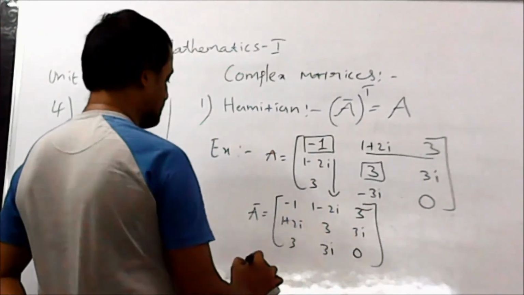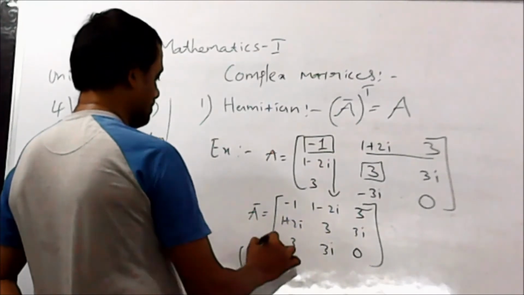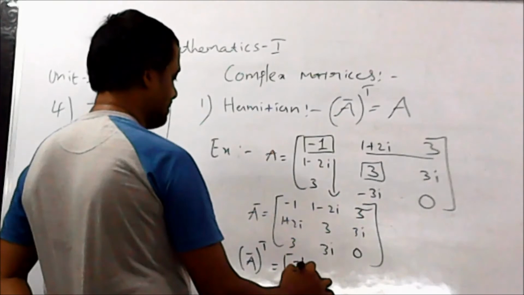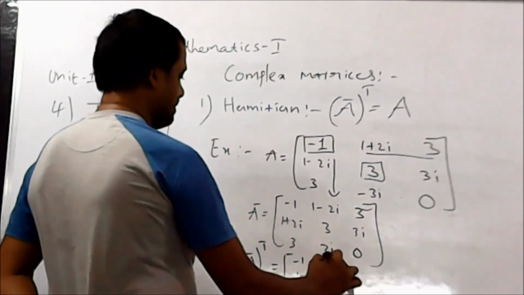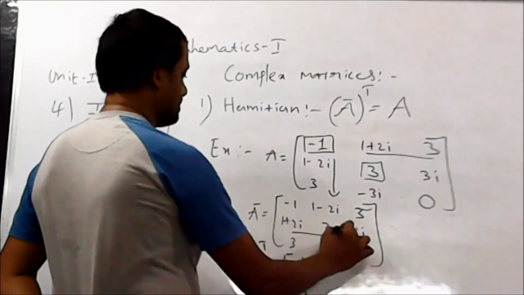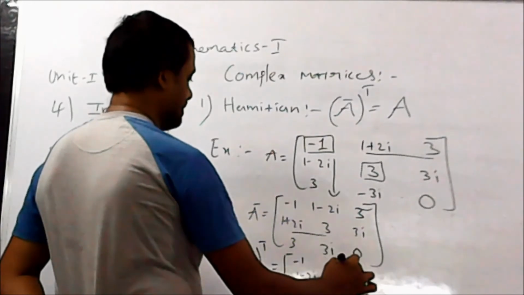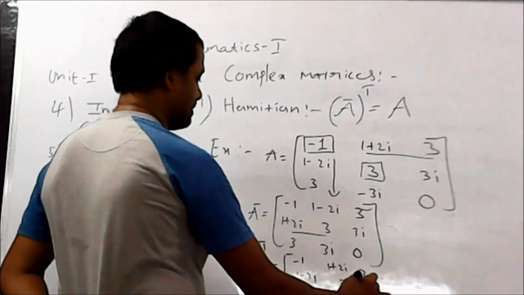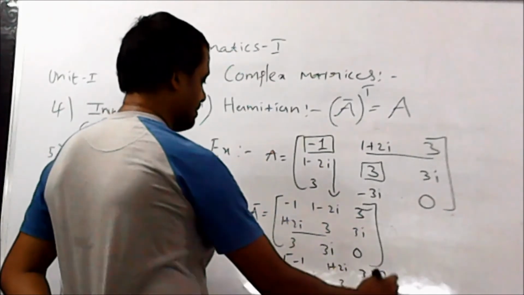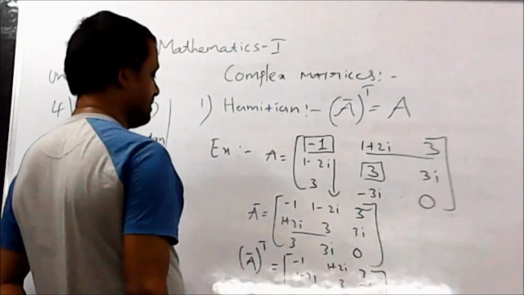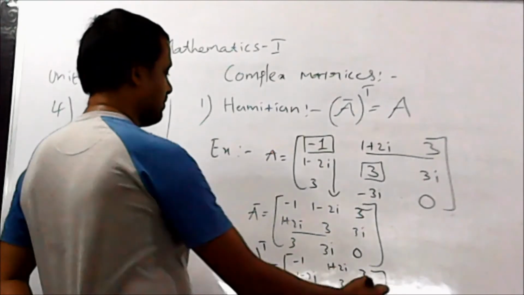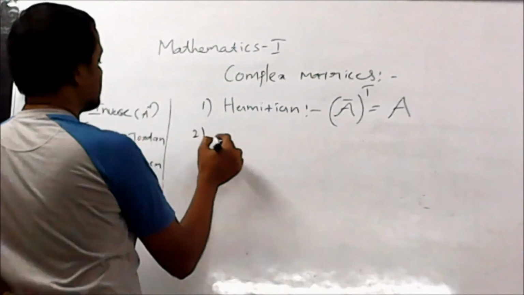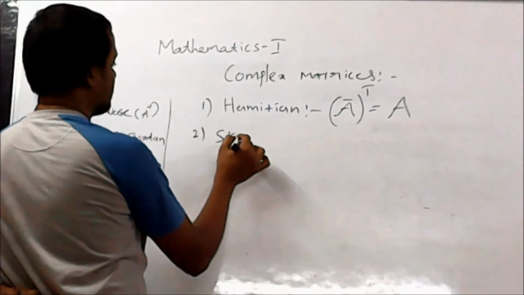Now if you transpose this one, we write rows into columns: minus 1, 1 minus 2i, 3, second row as second column, 1 plus 2i, 3, 3i, third row as third column, 3, 3i, 0. So is it equal to A? Yes. Therefore, the given example is Hermitian.